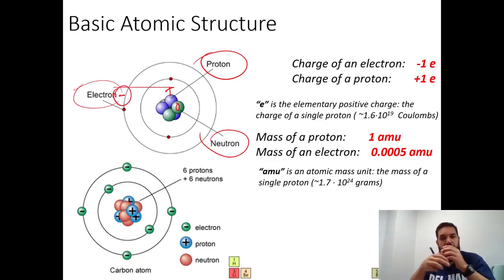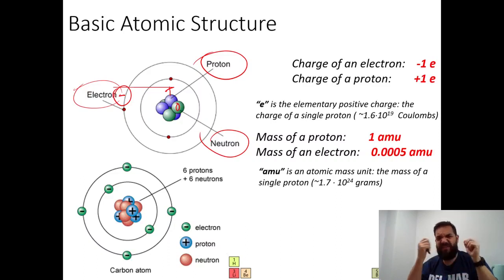Protons and neutrons are in the center, the nucleus of the atom, and the electrons orbit around it. Now, when I say that electrons orbit, don't think of planets orbiting the sun. They don't orbit in that way. They do occupy orbits or shells that are at a certain average distance away from the nucleus.